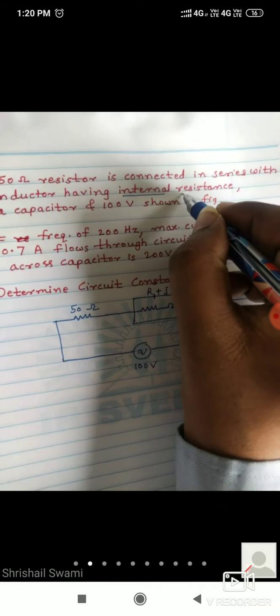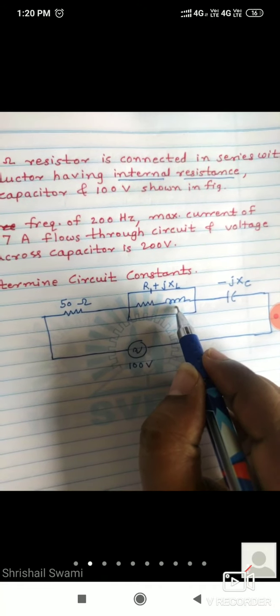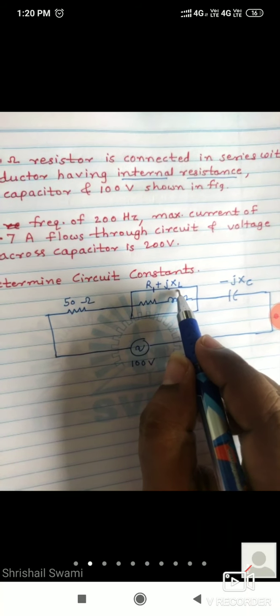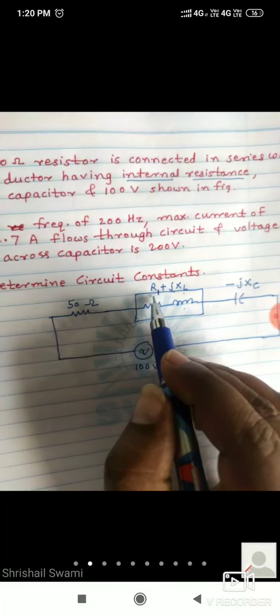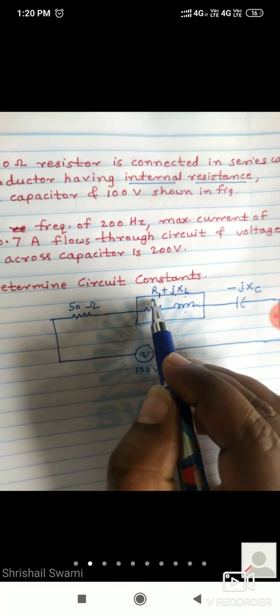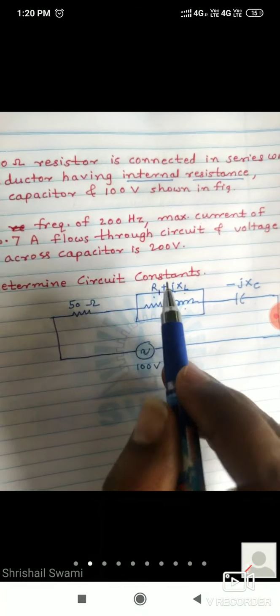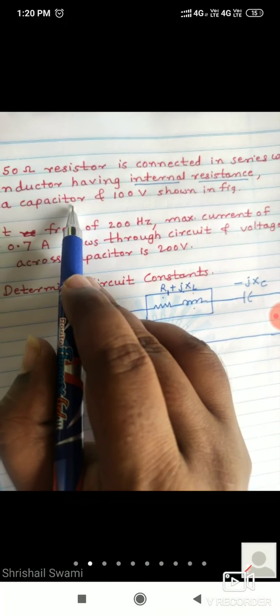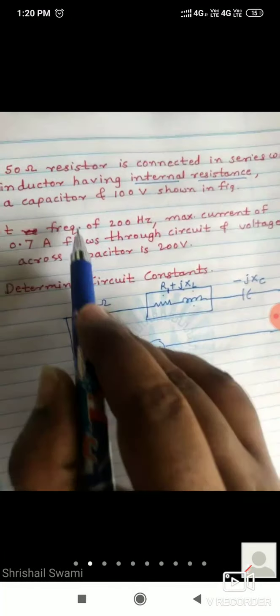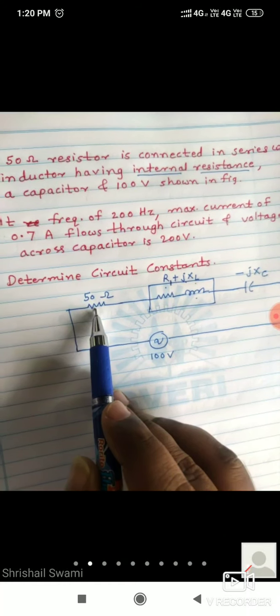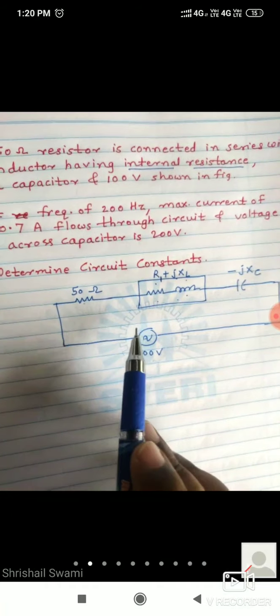So the inductor is shown here with jXL as the impedance. It is having internal resistance and that internal resistance is R1. So that R1 you have to find out, and a capacitor and 100 volt are all connected in series, means 50 ohm, then this inductor having internal resistance, capacitor and 100 volt are connected in series. That is the description given in the first line.